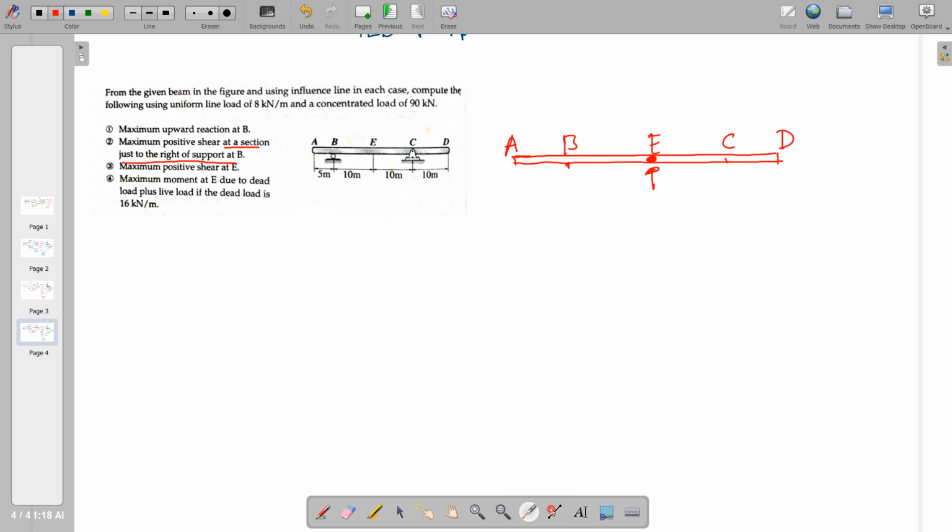So you can have an upward deformation there, but the line here is also passing at B because there's a support here, and also along C. So there will be a symmetry on this particular diagram.